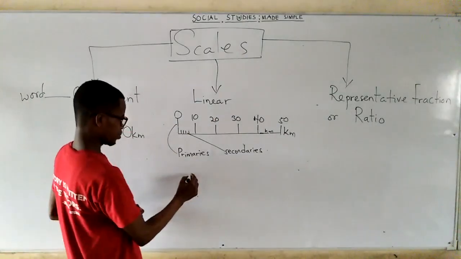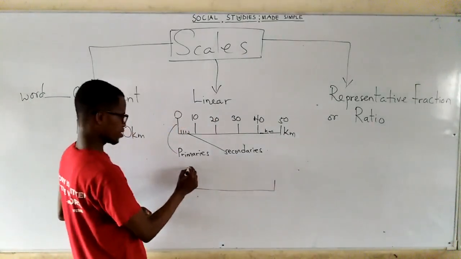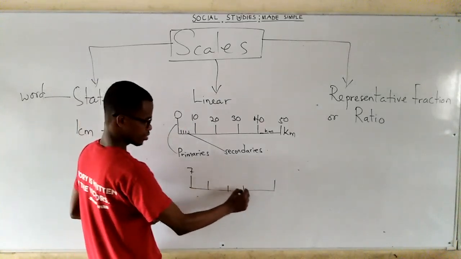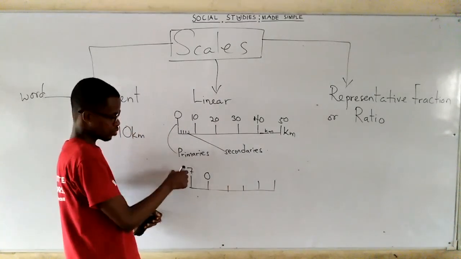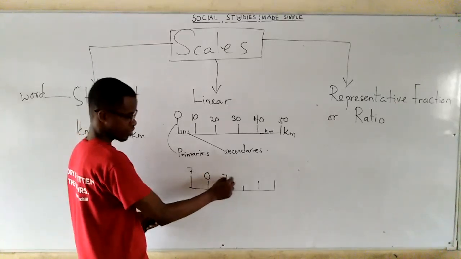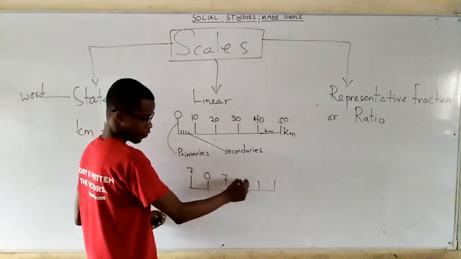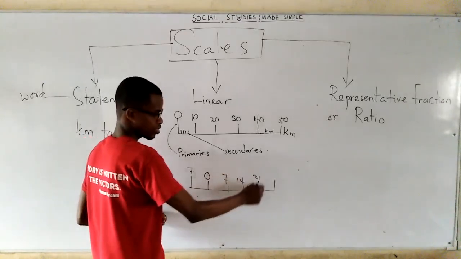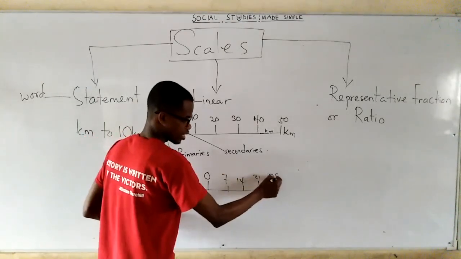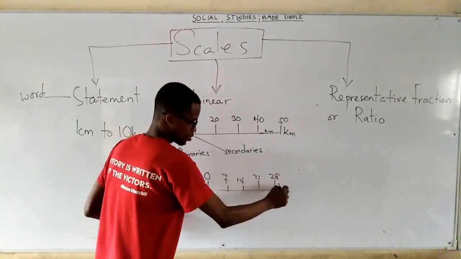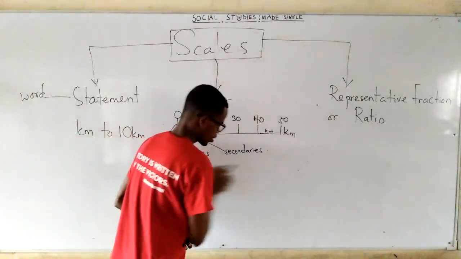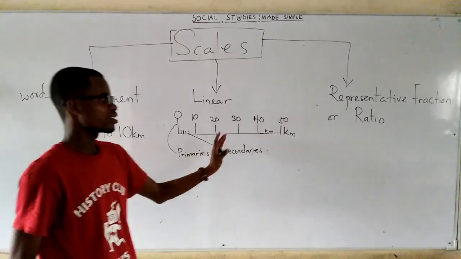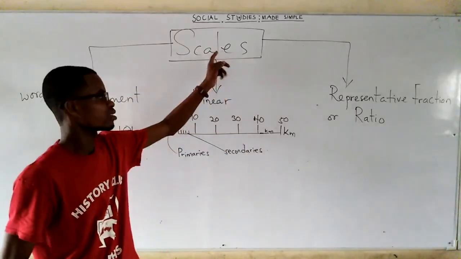For example, if I have 7 here, and I have these primaries, then I begin from 0, so the 7 will be my interval. 7 kilometers, 14 kilometers, 21 kilometers, 28 kilometers, and I put the unit here. So it continues. Okay. So this is a linear type of scale. Linear scale.